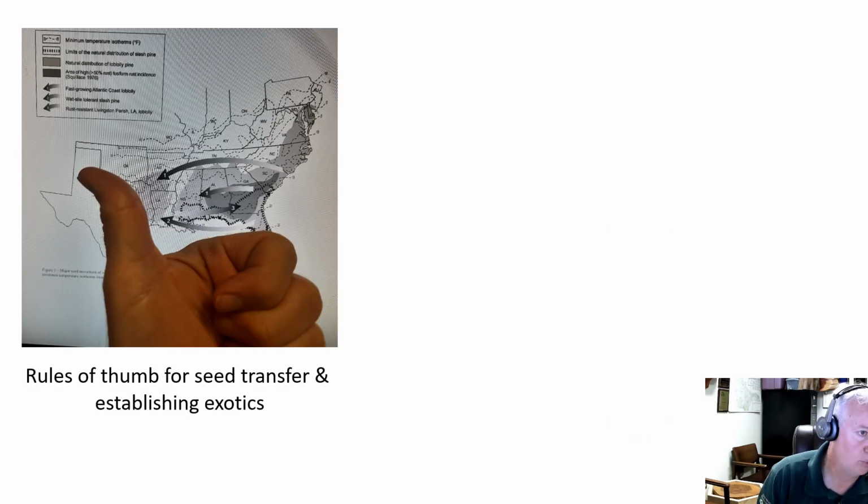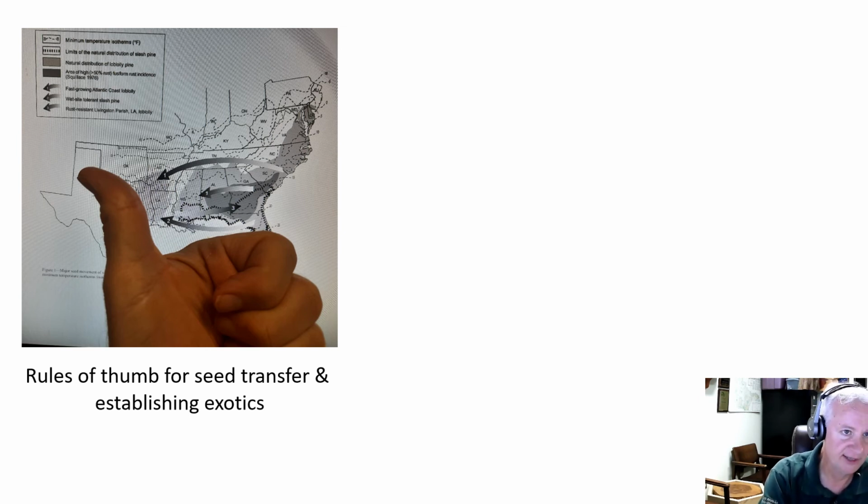So what are some general guidelines for seed transfer and for establishing exotics? So basically these are rules of thumb that are designed to prevent you, or to reduce the risk of having maladaptation when you plant a seed outside its provenance or even outside its natural range.